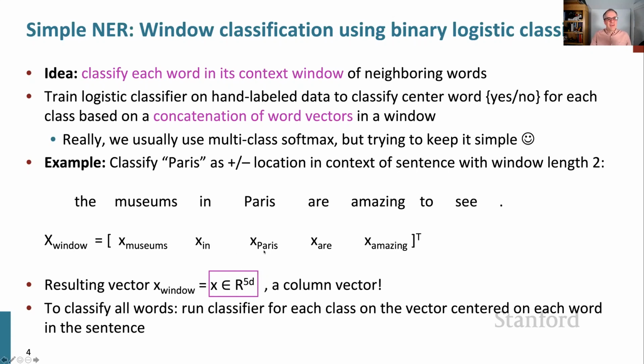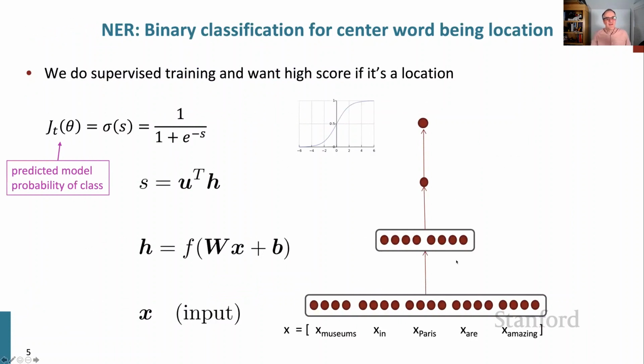Then we're going to feed this vector to a classifier, which at the end is going to have a probability of the word being a location. And then we could have another classifier that says the probability of the word being a person name. Once we've done that, we're then going to run it at the next position. So we then say, well, is the word are a location? And we'd feed a window of 5 words, in Paris are amazing too, and put it through the same kind of classifier. And so this is the classifier that we'll use.